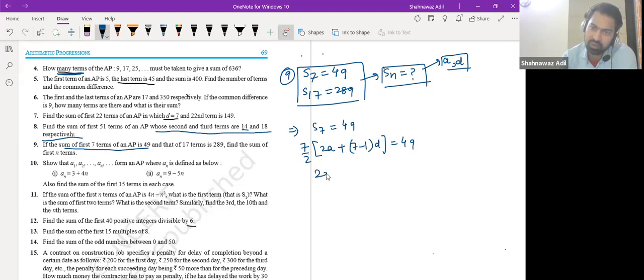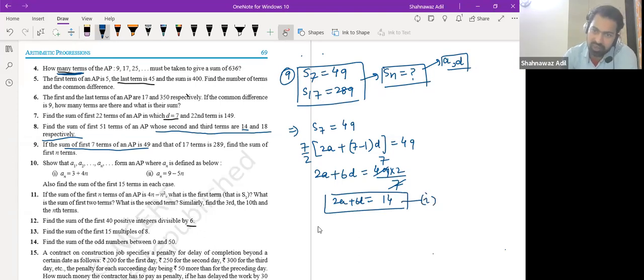So this is 2a plus 6d, and 49 into 2 divided by 7, which is 14. So 2a plus 6d is 14. This is our first equation.